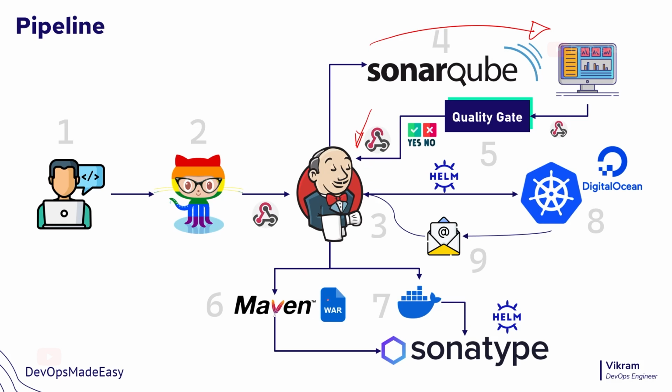In the next step, we saw how to push our war file to Sonatype Nexus in two ways. One is using the Nexus plugin, and the other is using the curl command. In the next step, we dockerized it and sent it to DockerHub. After this, we went to the deployment through Helm charts. We also configured the email notification, so once everything is done, you will get the email notifications.